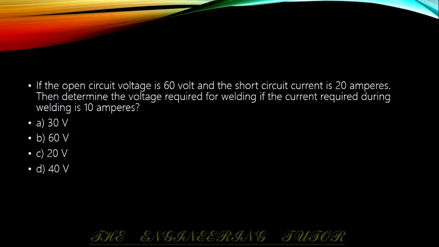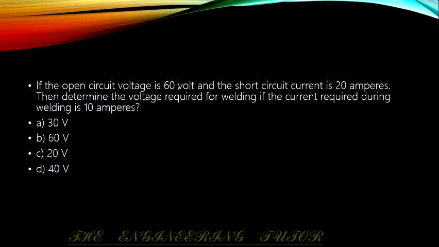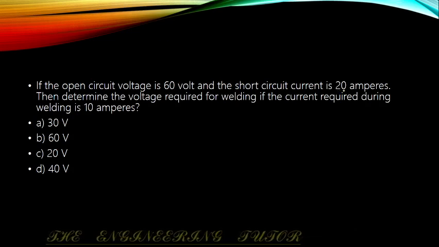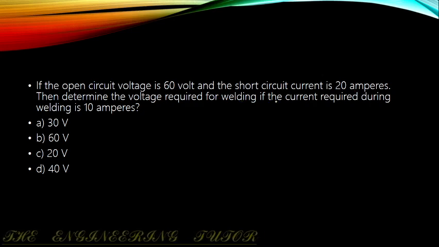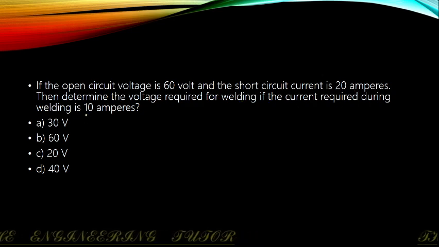If the open circuit voltage is 60 volts and the short circuit current is 20 ampere, then determine the voltage required for welding if the current required during the welding is 10 ampere.